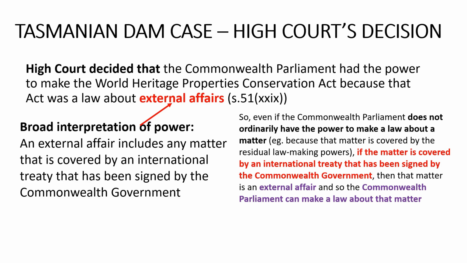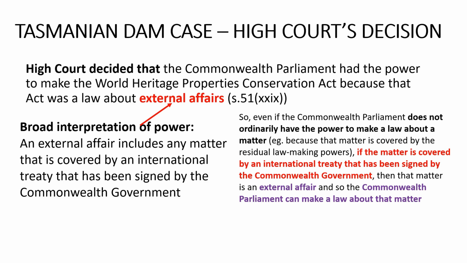So you can see that because the High Court gave a very broad interpretation of an external affair as any matter that is covered by an international treaty that has been signed by the Commonwealth Government, the Commonwealth Parliament's lawmaking powers have been significantly increased.